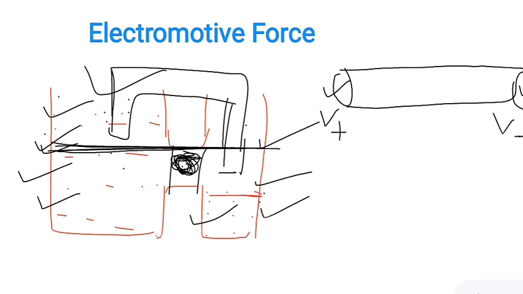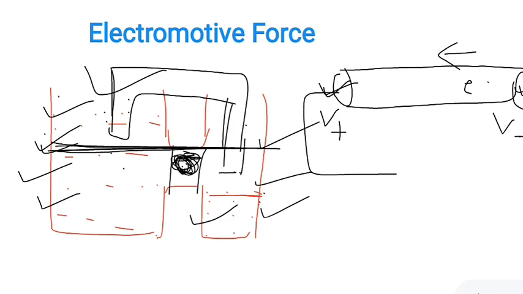Similarly, we need a source of current to maintain the potential difference between the two ends of a conductor. Okay, so the necessary condition for the flow of current is a constant or finite potential difference between the two ends of a conductor. Let's say electrons flow from this side to this side. So due to the flow of charge, as a result, current flows through the conductor.